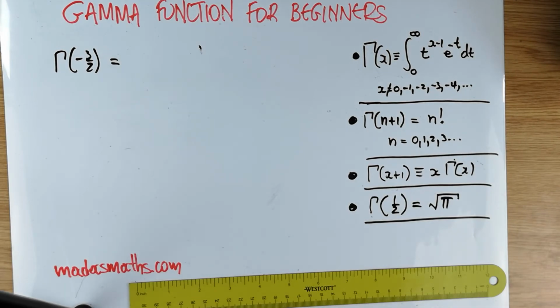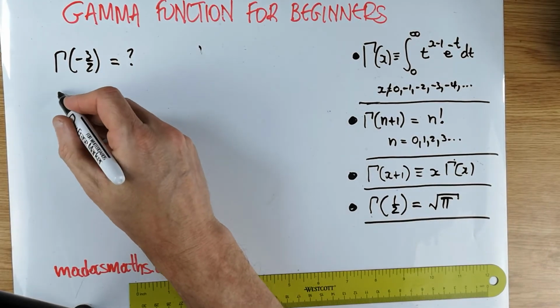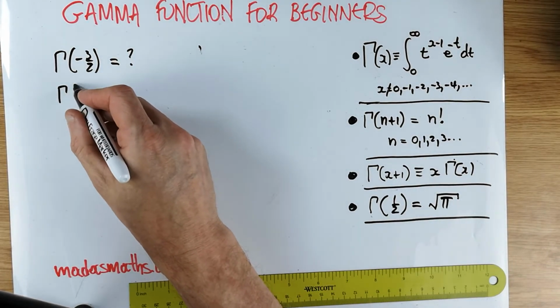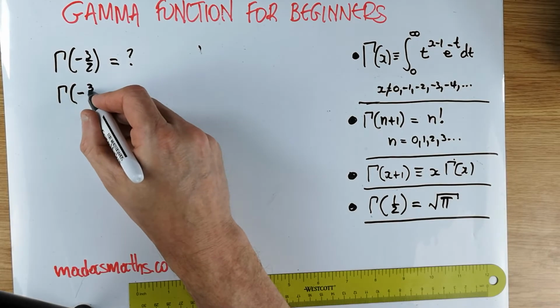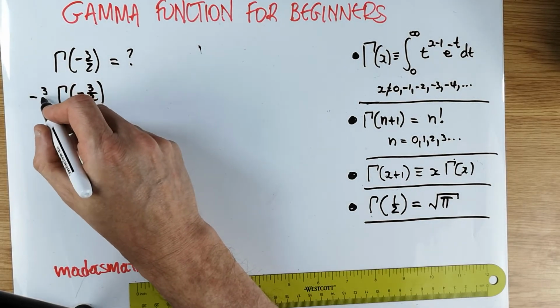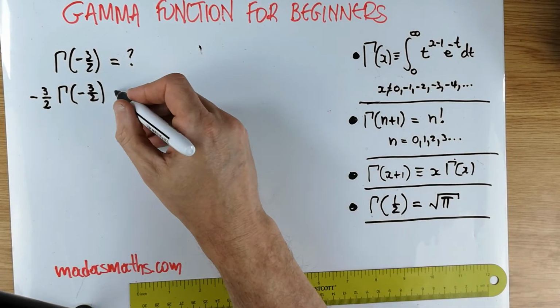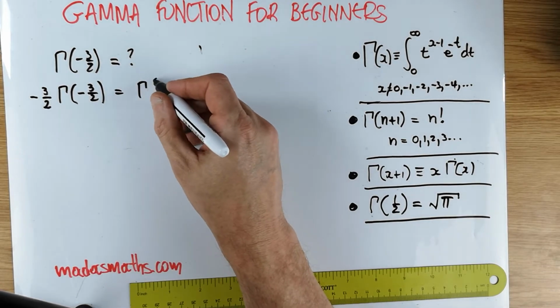Okay, I can actually say the following. This is the question mark. I can say the gamma of -3/2 multiplied by a -3/2 at the front will give me the gamma of -1/2.